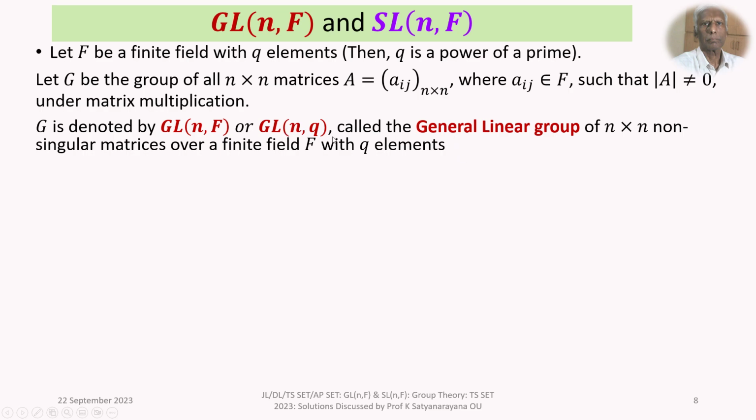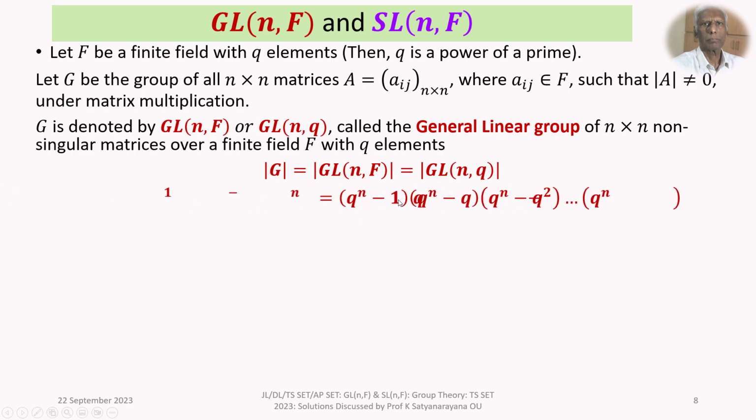Right? So now what is the order of GLNF? The order of GLNF is the same as the order of GLNQ. You have to remember the formula: Q^n minus 1, into Q^n minus Q, into Q^n minus Q^2, etc. Q^n minus Q^(n-1) is the last factor.